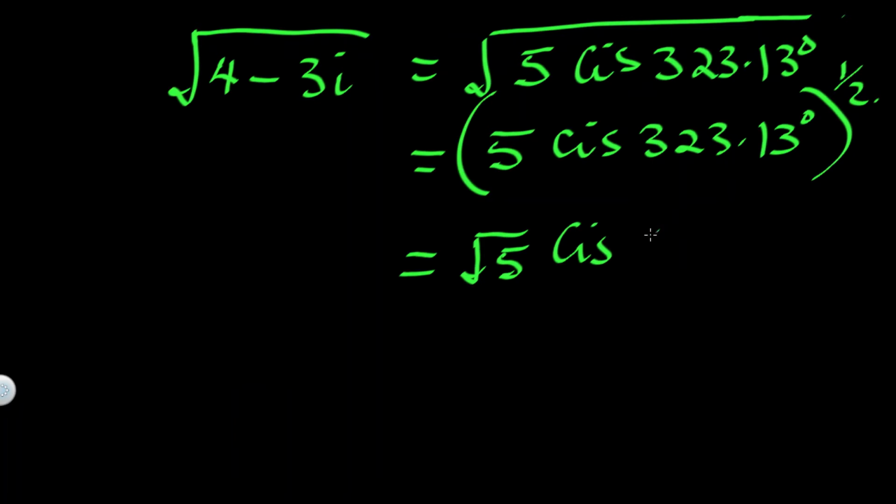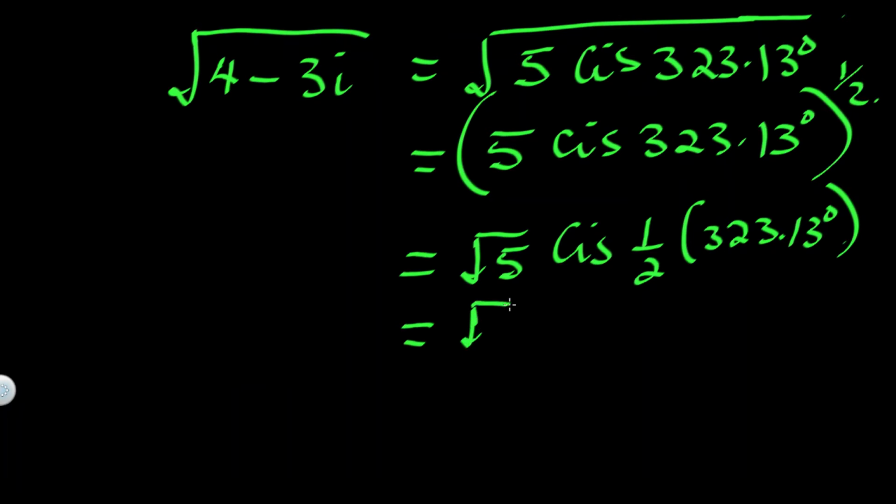It says half times the 323.13 degrees, which gives us root of 5 cis, since our angle now is 0.5 times our answer, which is 161.565 degrees. This is the root of our complex number.